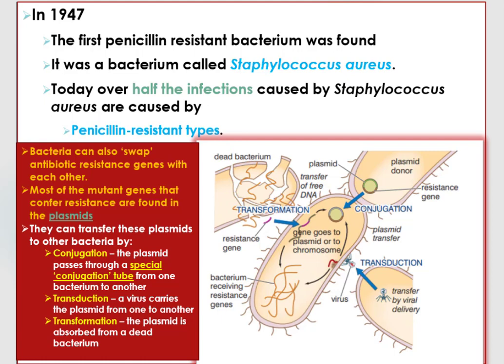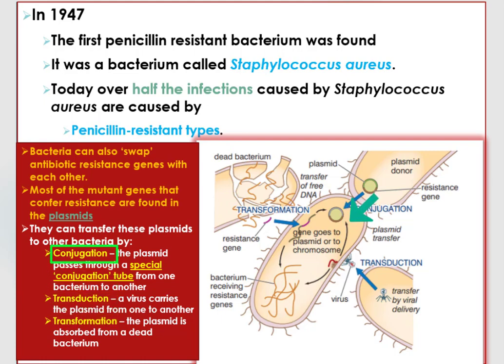Really surprising, bacteria can swap or exchange antibiotic resistance genes with each other. Most of the mutant genes that confer resistance are found in plasmids. They can transfer these plasmids to other bacteria by conjugation, transduction, and transformation.